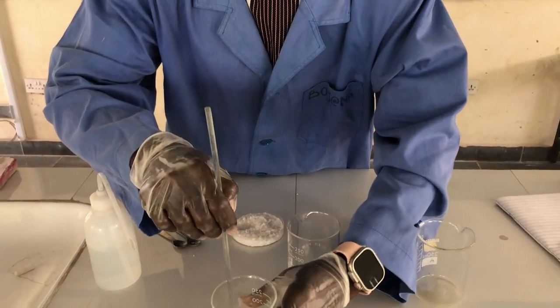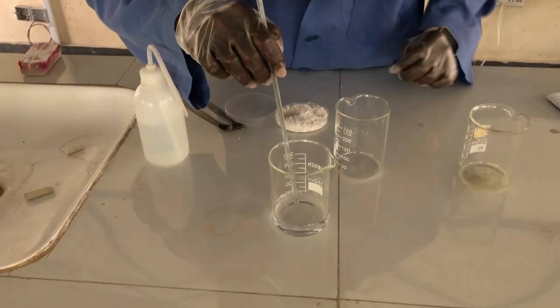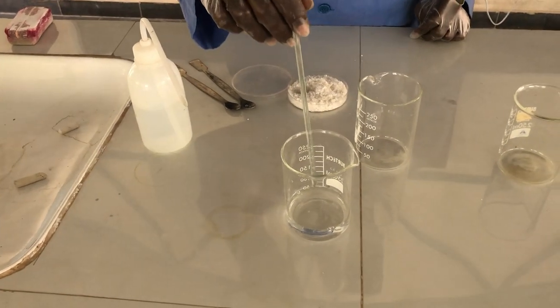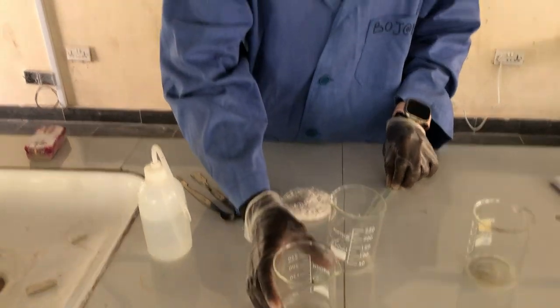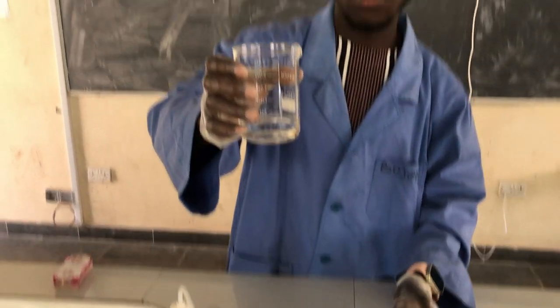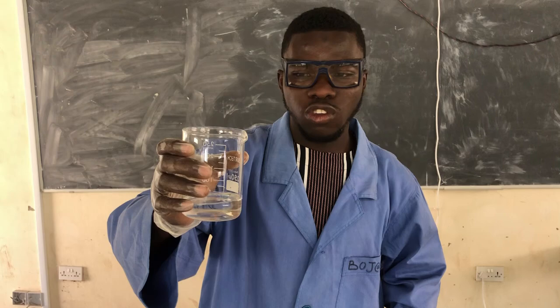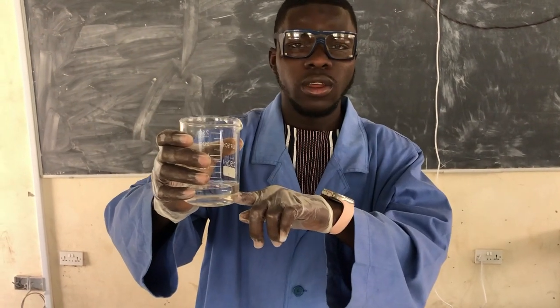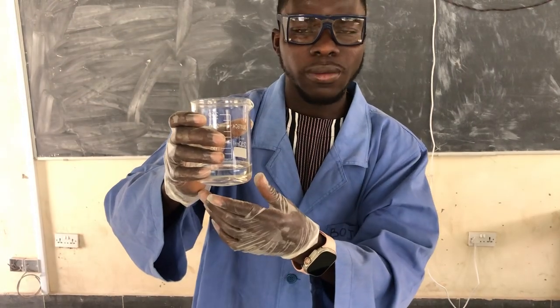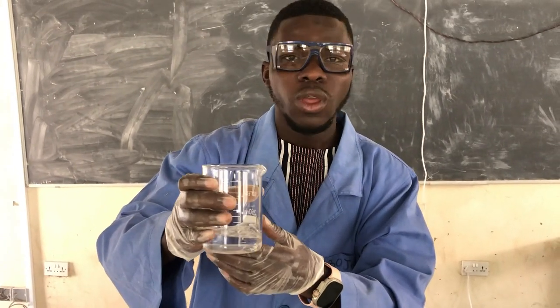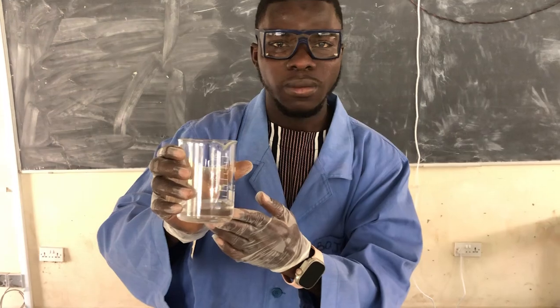Now, as you can see now, all the solute substance has dissolved. Now, this type of solution, we say it is unsaturated solution, because in this state, the solute has dissolved at this temperature. So this is called unsaturated solution.